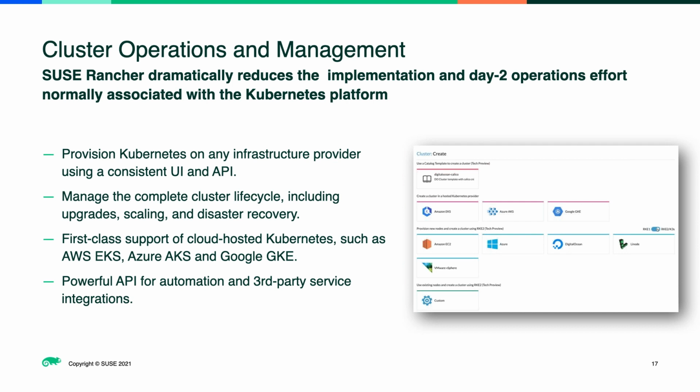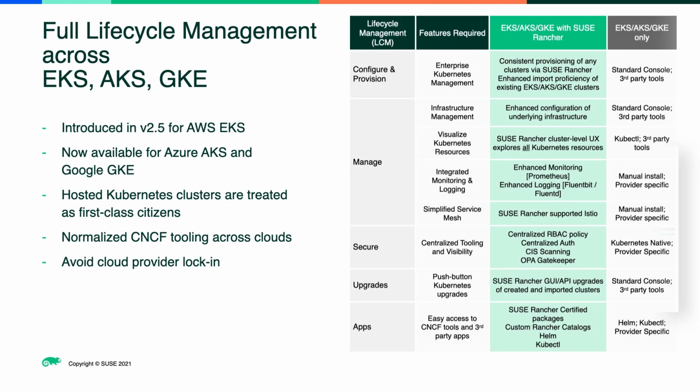Once those clusters are provisioned, SUSE Rancher brings capabilities that allow you to centrally manage all those clusters. In addition, SUSE Rancher is not typically deployed into a completely greenfield environment. It can leverage existing systems that you already have without locking you in to a particular technology.